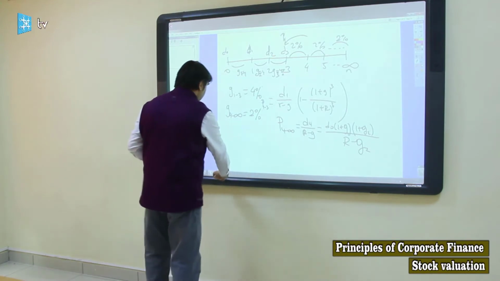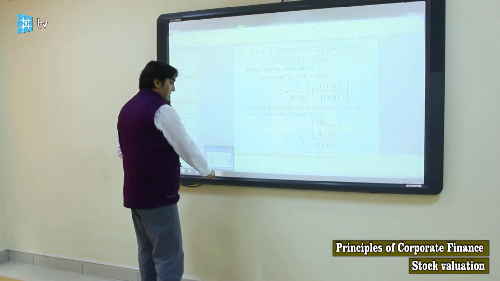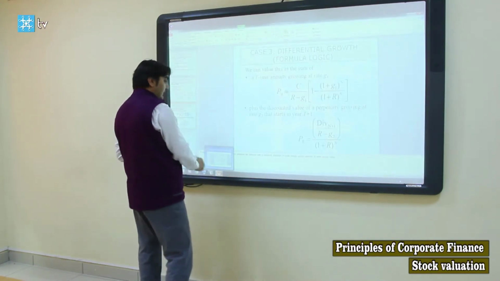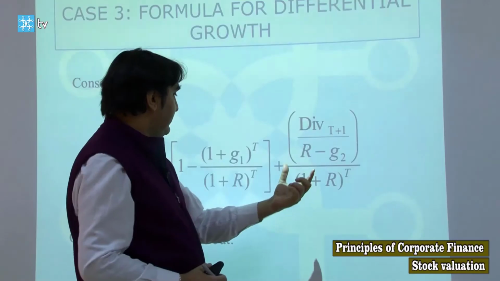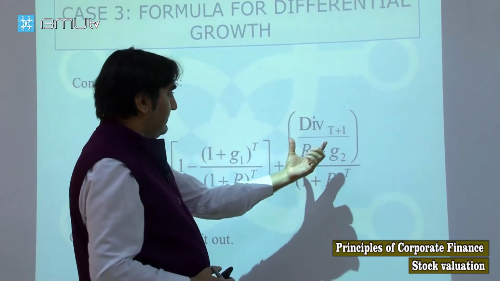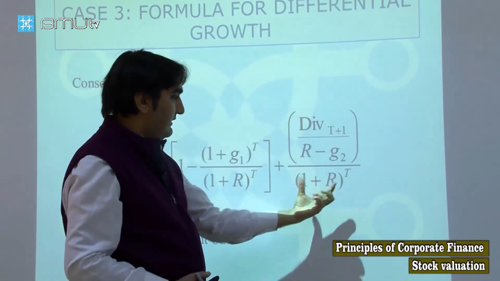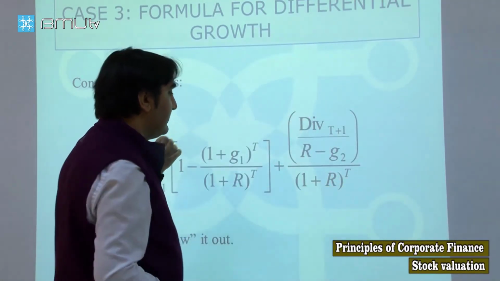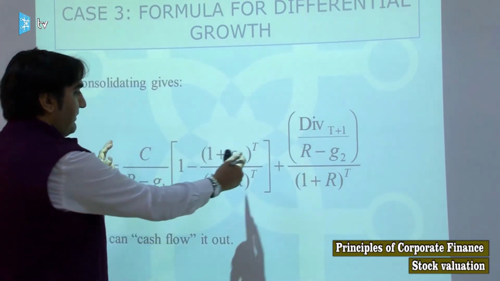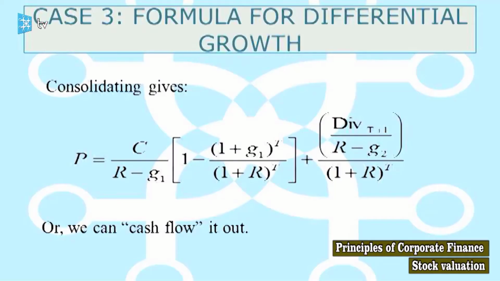And we calculate all these cash flows, consolidate them, and get our present value of perpetuity. We discount it back to year one, and this part is the present value of the growing annuity from the first year to the third year.